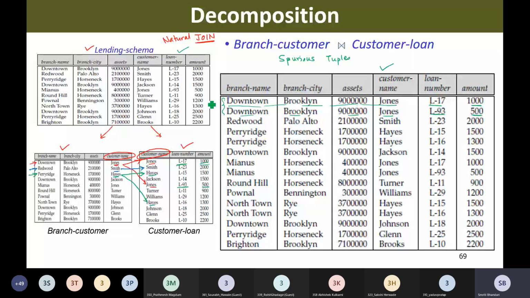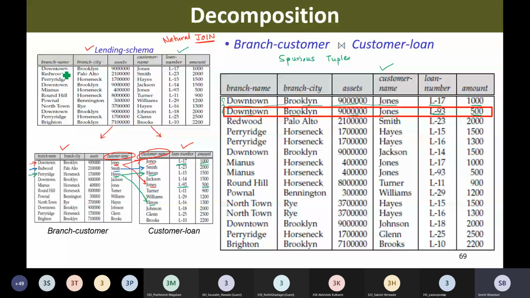The customer Jones has the loan in the downtown branch with loan number L17, and the other customer Jones has the loan with loan number L93 in the branch Miamis.